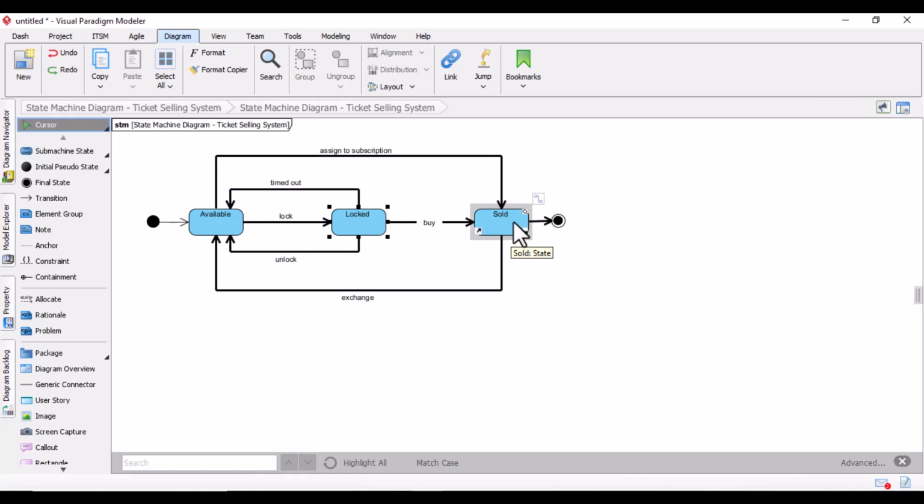So that is what you need to remember, and this will help you design a robust system. Whenever you are talking about designing a robust system, you need to understand that state machine diagrams come into the picture. This will give you an error-free system by ensuring that all the possible states and transitions are considered.